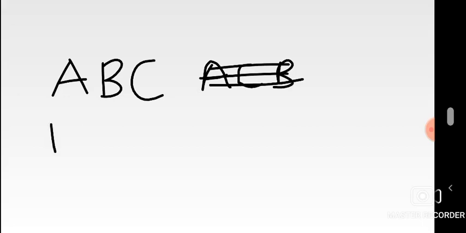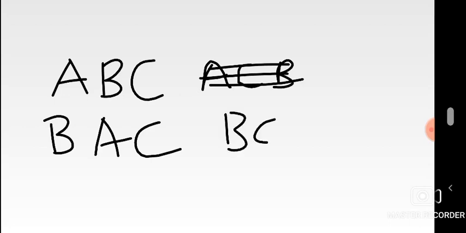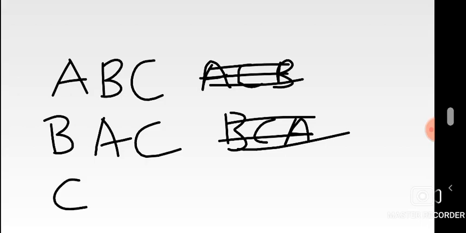Unless maybe you said, okay, I'm not starting with B. Maybe I'll just say, okay, BAC. That's it. You can't start saying, what about BCA for a combination? No. BCA, BAC, they are one and the same thing. That's why we do not even do this in a combination. So far, you only have 2 ways you can do that. The final way, maybe you're starting with C this time, maybe CBA.